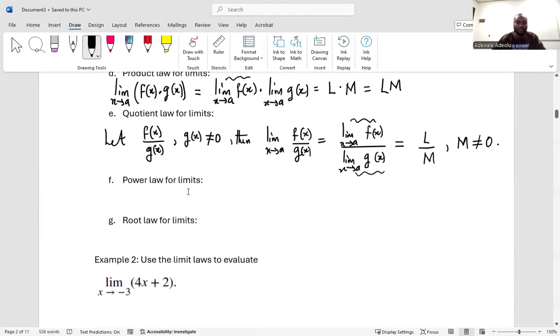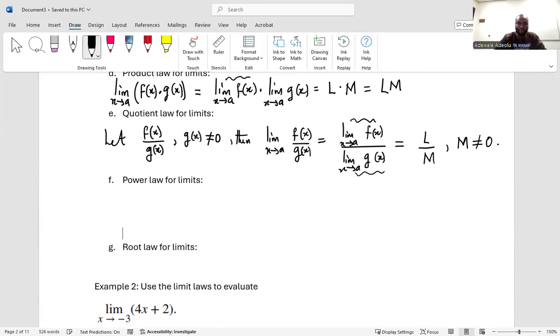Now, the power law for limits. Let us look at the power law for limits. In this case, I have some function f of x, and I'm raising it to some positive integer n, right?